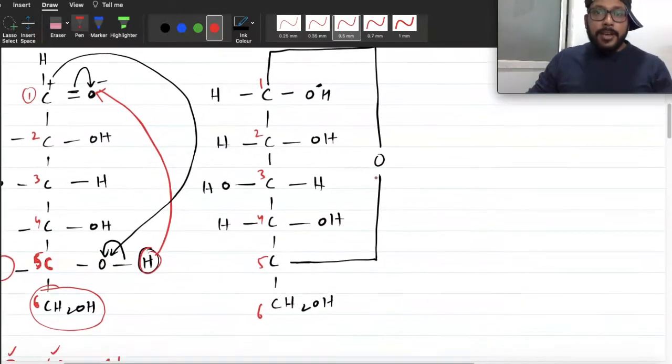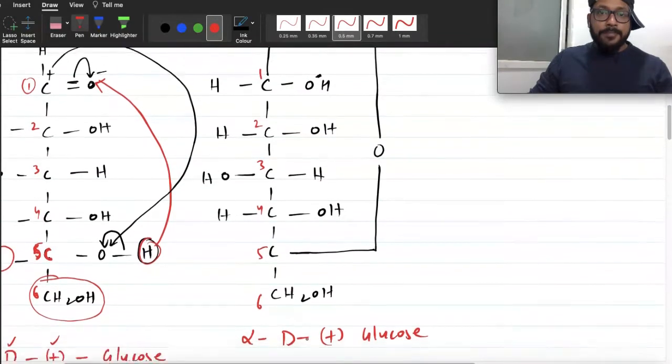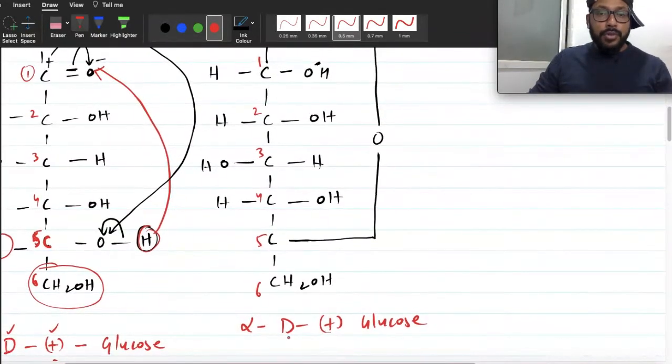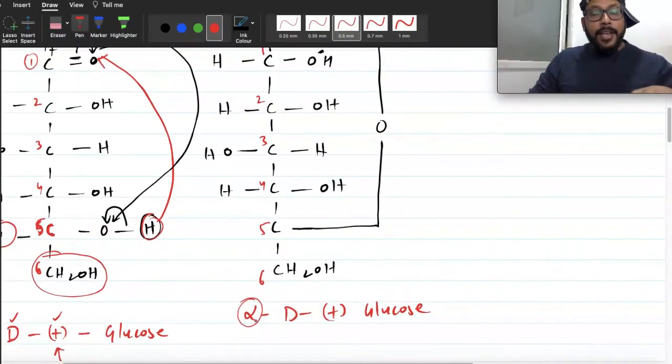This diagram is called the Fischer projection, in which alpha and beta are designated. This is your alpha D positive glucose. Alpha and beta: what is the meaning of alpha and beta?